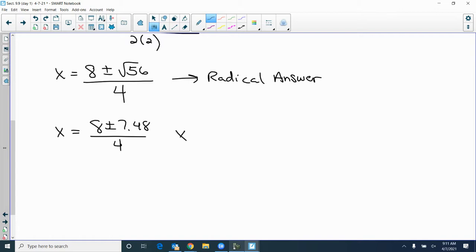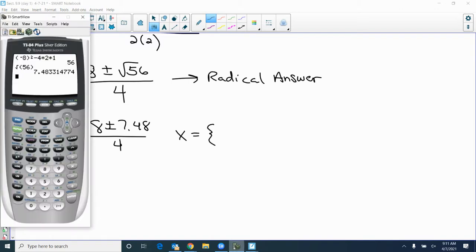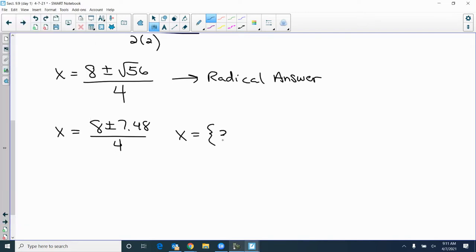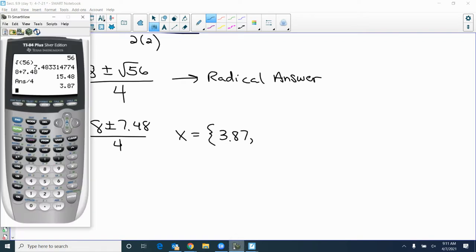Now let's list our 2 decimal answers. So do 8 plus 7.48, hit equals, divided by 4, 3.87. And then do 8 minus 7.48 divided by 4, and you get 0.13.